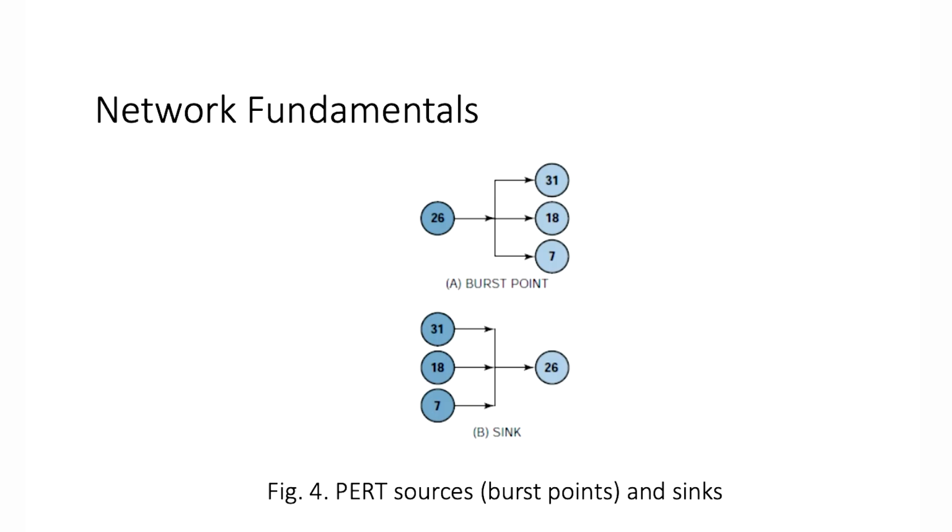So activity 26 gives a burst to 3 other activities. Then on the bottom of the diagram, after finishing activities 31, 18, and 7, you can start working on activity 26. It's a good representation to understand interdependencies between various activities.